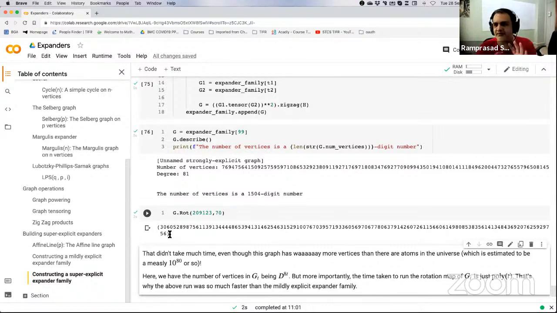You can do all your random walks on it and use this to build your samplers, etc. And this is how strongly explicit these strongly explicit expanders are. There's just no hope of writing down the graph completely, but you can do random walks on it.